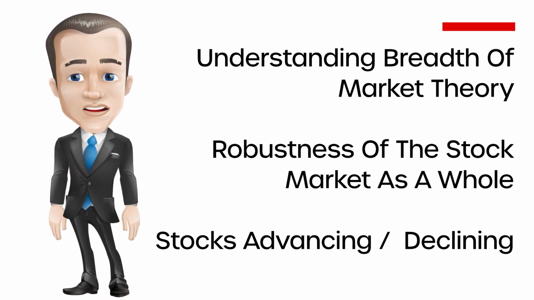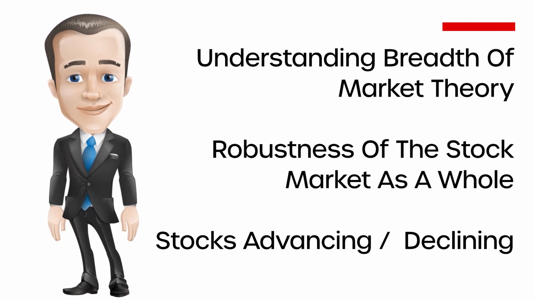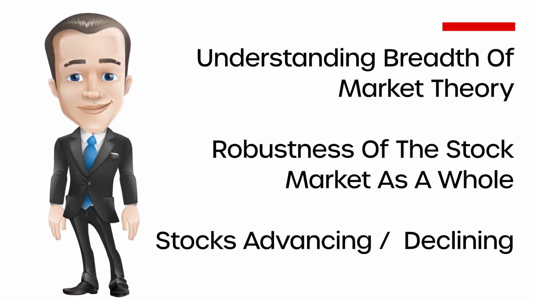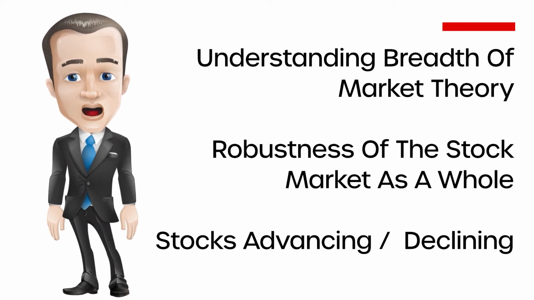Advance-decline indicators measure the number of stocks advancing and declining for the day. If the breadth indicator is rising over time, this indicates the market is strong and the rise in the index is sustainable. For example, if a market is comprised of 150 stocks and 95 stocks experience price gains while 55 stocks either experience no change or decline in price, according to the breadth of market theory, the market is considered strong or rising.